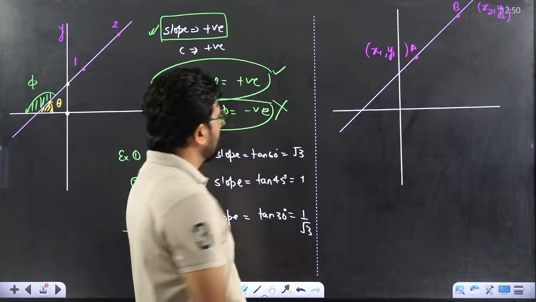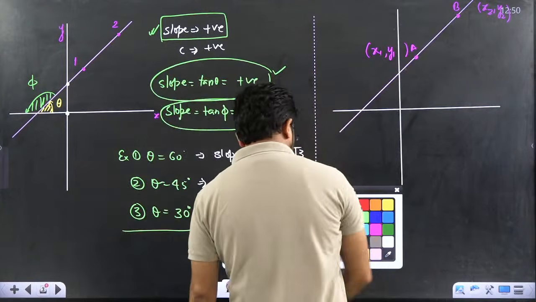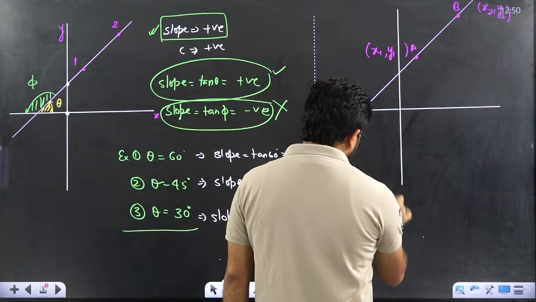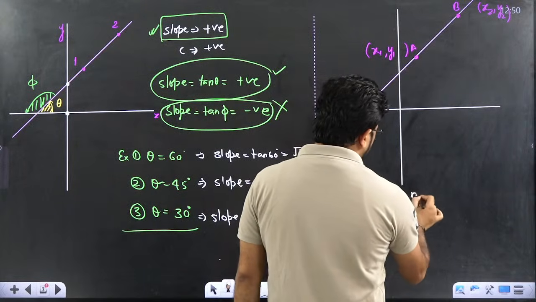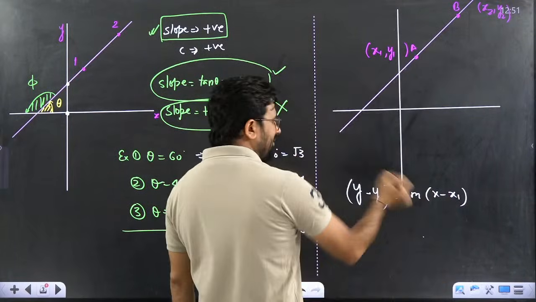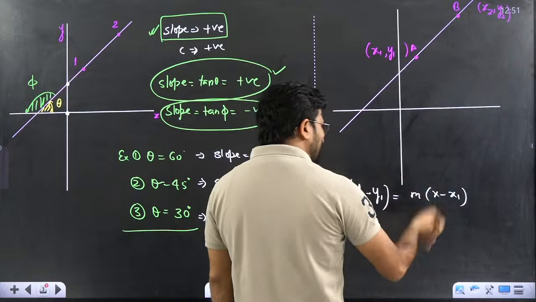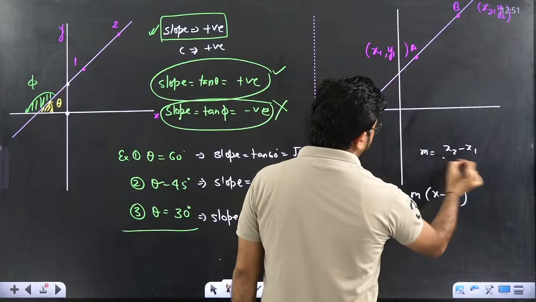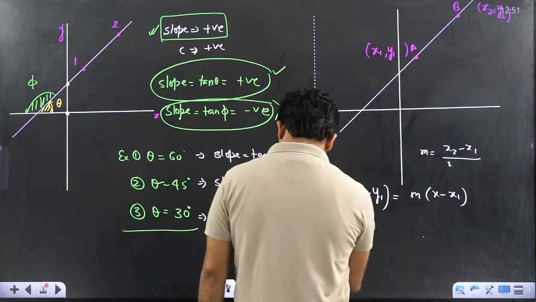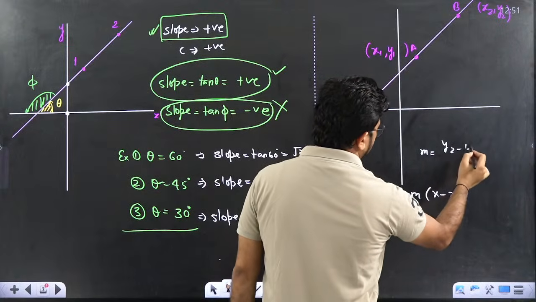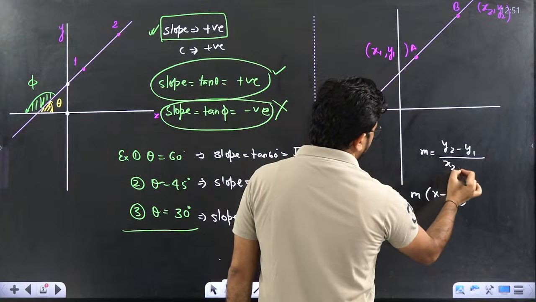So what is the way to write the equation of a straight line? The formula is very simple. y minus y1 is equal to m into x minus x1. By the way, this m you want to calculate. This m is nothing else but y2 minus y1 divided by x2 minus x1.